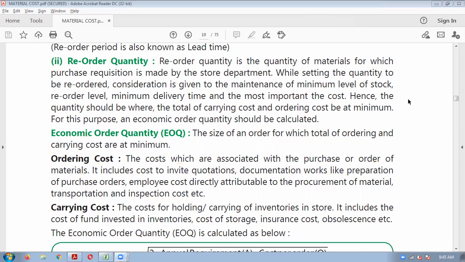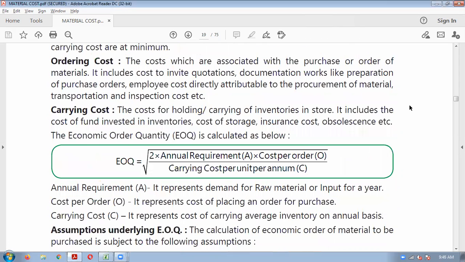Another type of cost which is associated with the material is carrying cost. What is carrying cost? Once you receive the material, you will have to store it. That storage cost, or cost of holding or carrying inventory in the store, is called carrying cost. You will invest to purchase the material. You will have to initially invest some funds, so that will involve your interest cost.